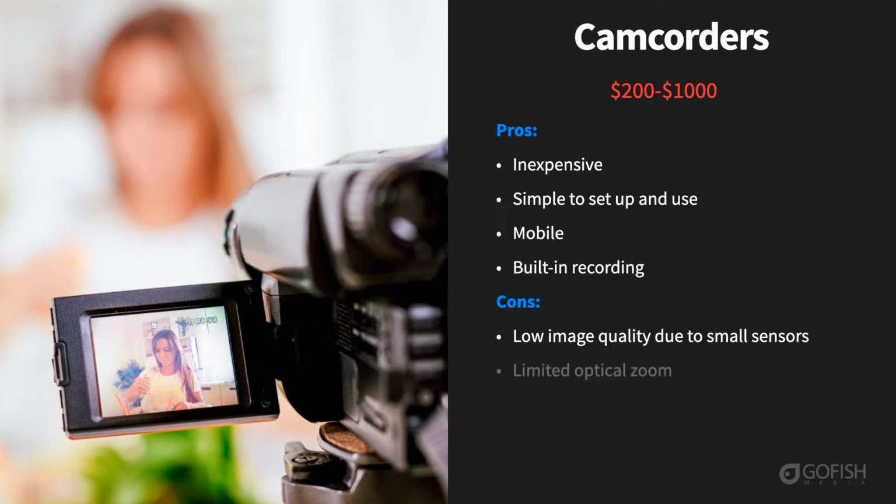And then the other thing is they have a limited optical zoom range. Some of them will go up to 20 or 30x, but a lot of camcorders are going to use a combination of optical and digital zoom. And when you start using digital zoom, you run into image degradation and pixelization the further you try to zoom in.